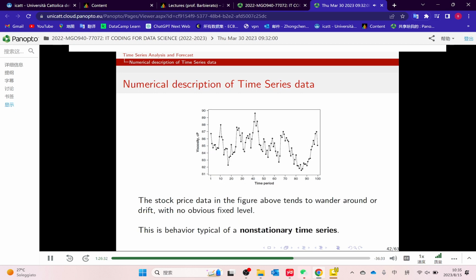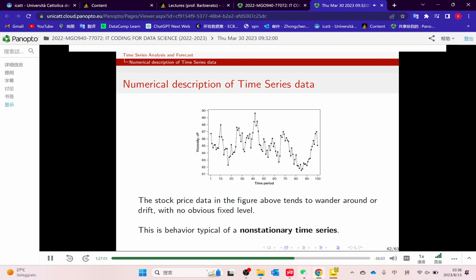Now, if you look at this one, I find it more difficult to say that this is a stationary time series because I can't really see a fixed point where all the other time series values revolve around. It seems there's not much stability here. So I would say this is a non-stationary time series.